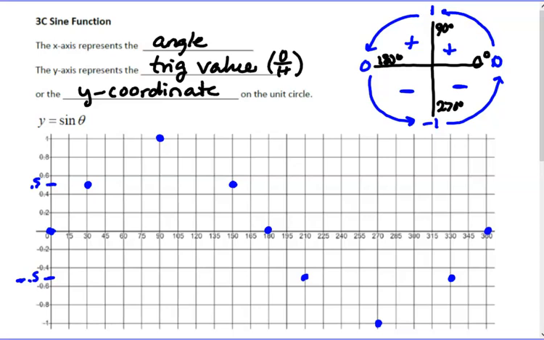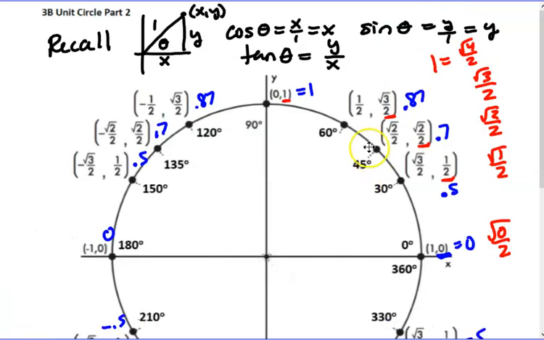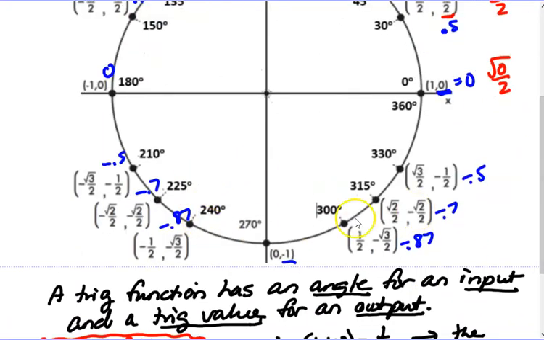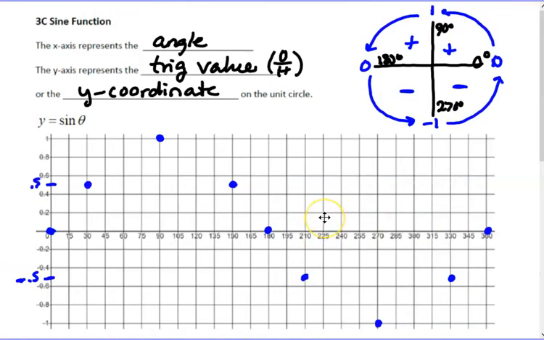Now if you go back and look at the 60-degree reference angles, you'll see for the 60-degree reference angles, the y-coordinate is always either 0.87 or -0.87, because that corresponds to the square root of 3 over 2. So I'm going to mark 0.87. It's just slightly less than 0.9, so here's 0.87 and -0.87, kind of right in here.